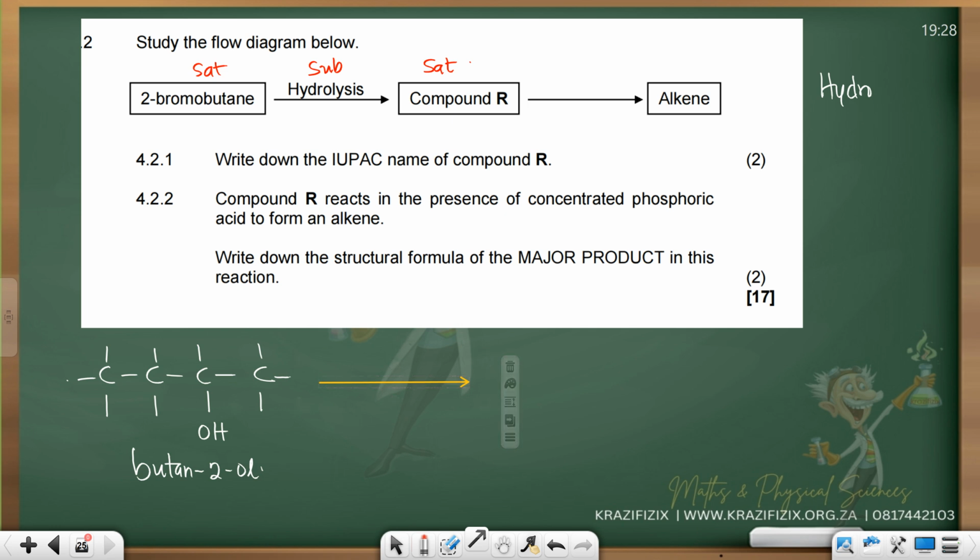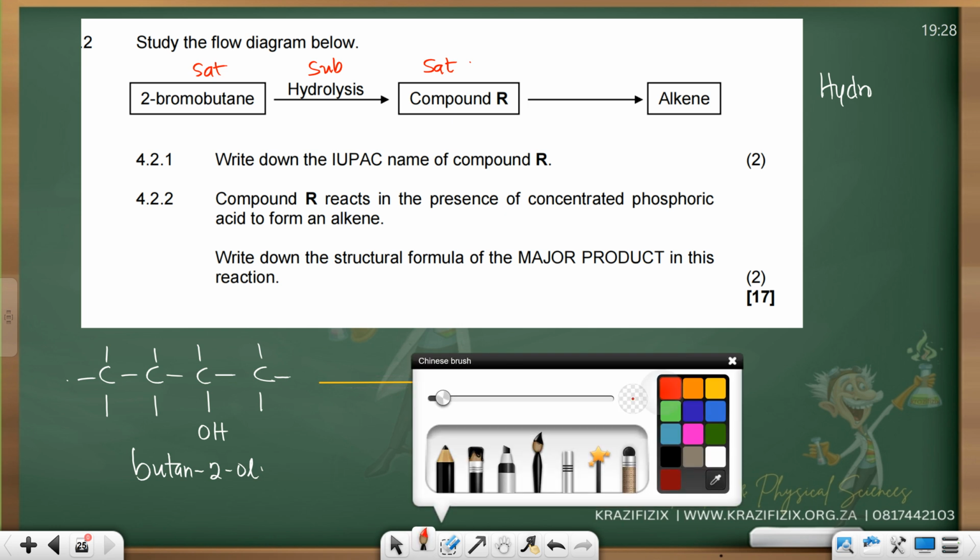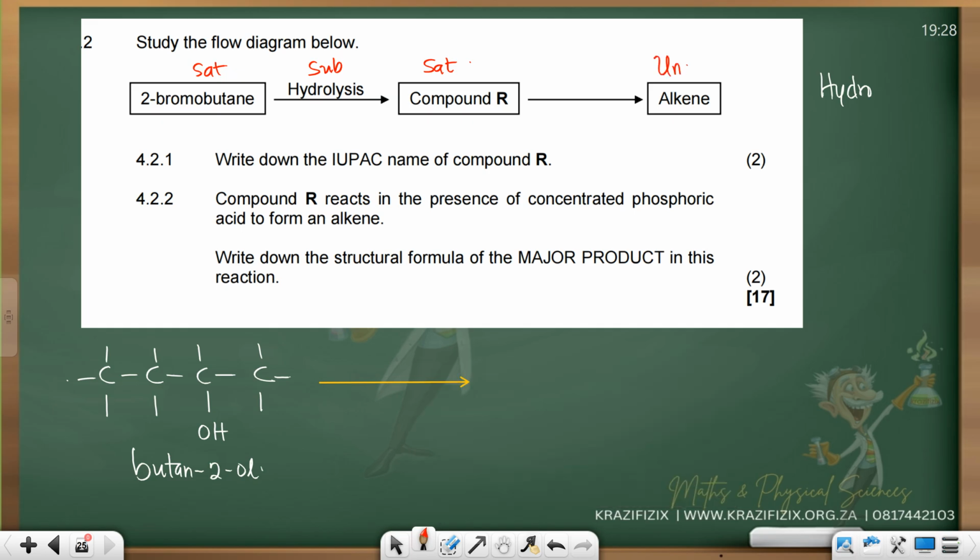It is unsaturated. Beautiful, guys. So what type of reaction do you think we are going to have? It's from saturated to unsaturated. What is the last letter? Good. It's an E. And the E stands for what? Elimination. It means I need to remove.